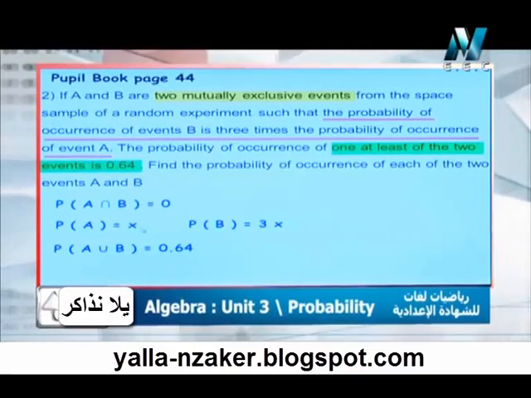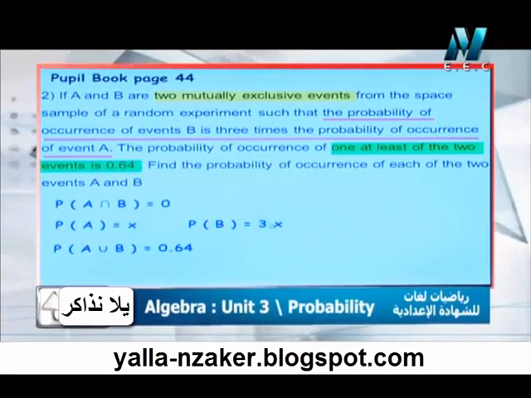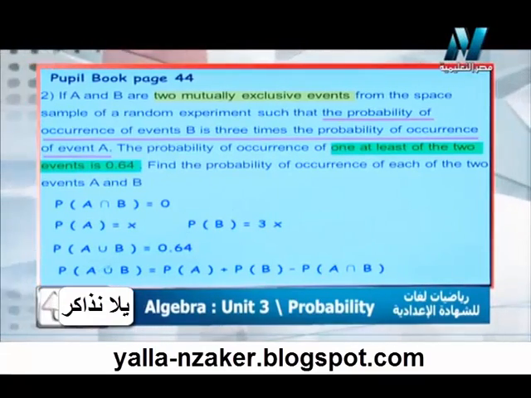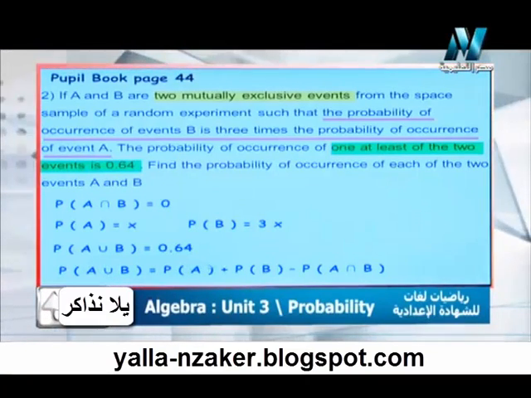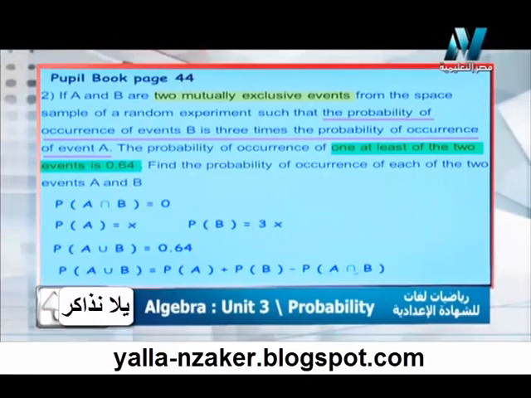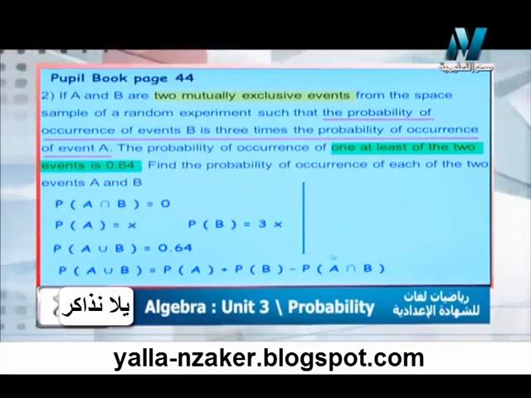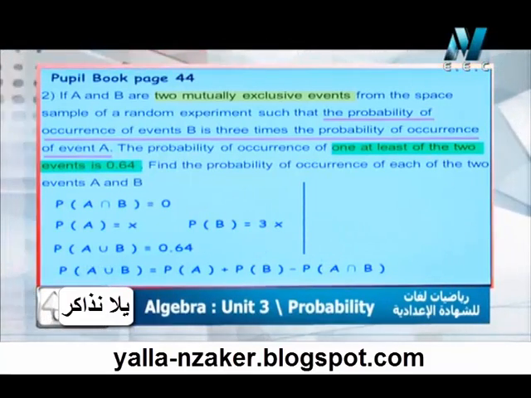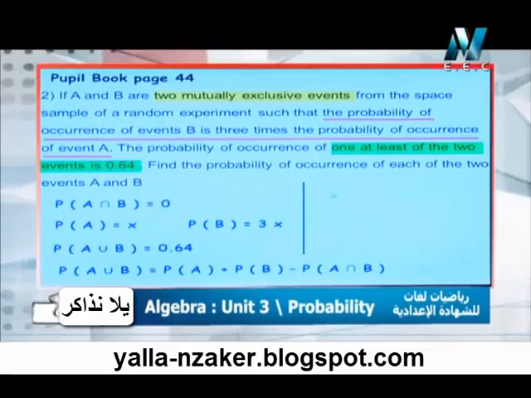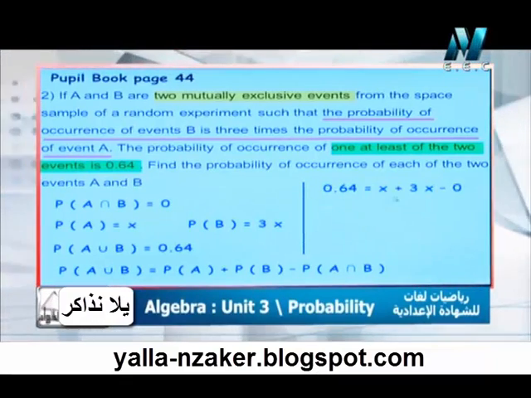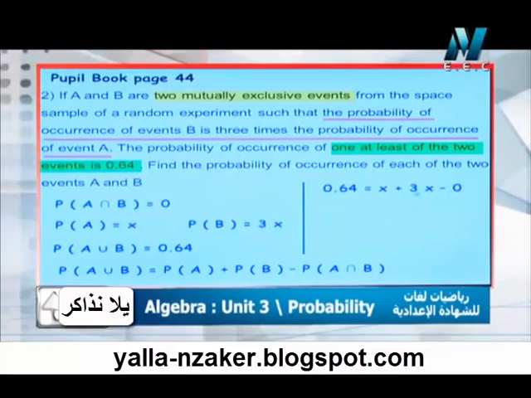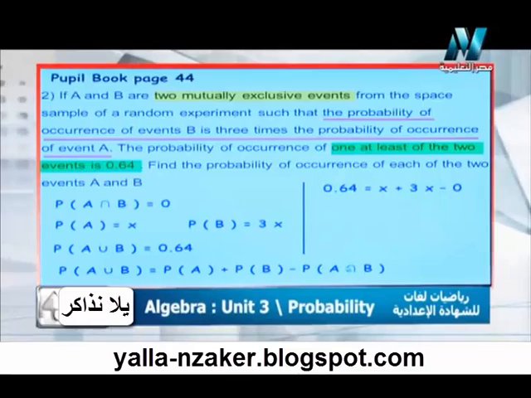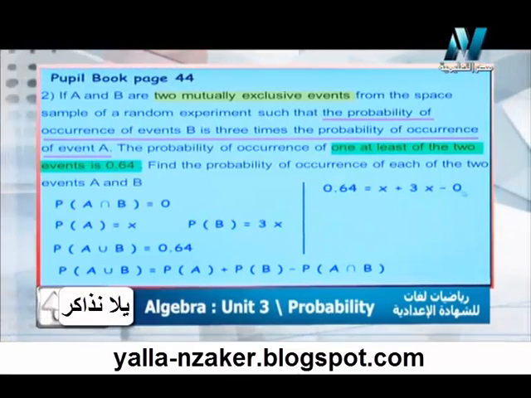I want the probability of A, and the probability of B. I'll use a very well-known rule: the probability of the union equals probability of A plus probability of B minus the probability of the intersection. Simply fill the spaces. Probability of A union B is 0.64, so 0.64 equals probability of A, x, plus probability of B, which is 3x, minus the probability of the intersection of the two events, which are mutually exclusive, so their probability is zero.